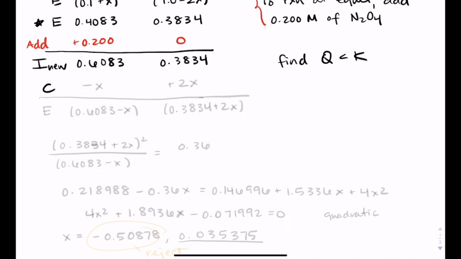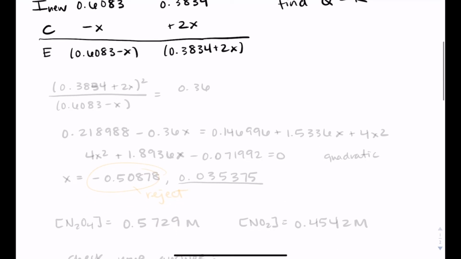So you will lose whatever amount of N2O4 you lose, and gain whatever amount of NO2 you gain: minus x under the N2O4 and plus 2x under the NO2. At equilibrium, my N2O4 has a concentration of 0.6083 minus x, and my NO2 has a concentration of 0.3834 plus 2x.